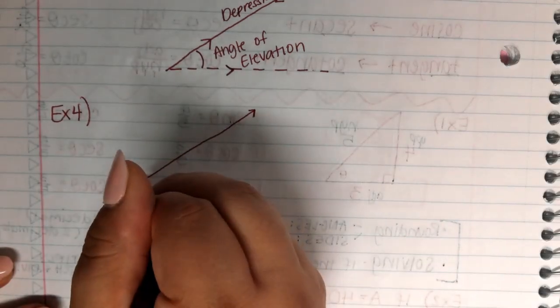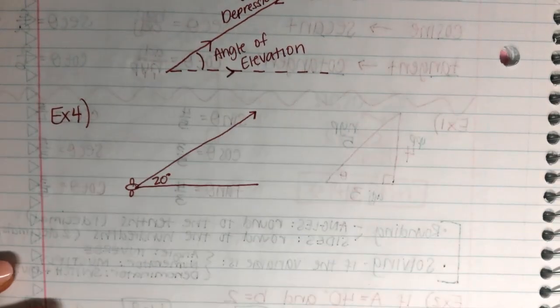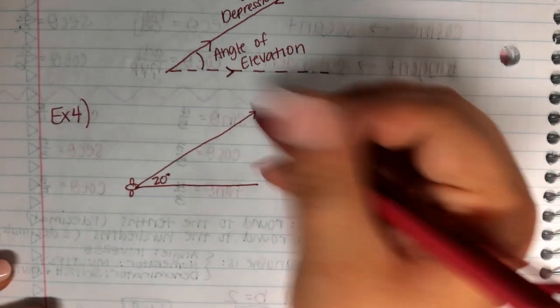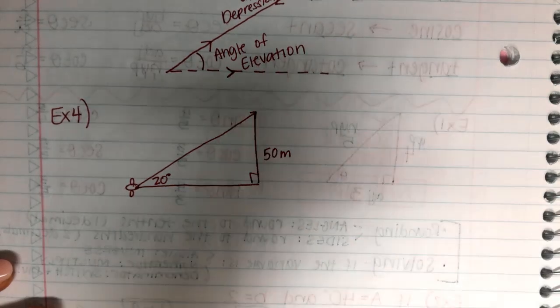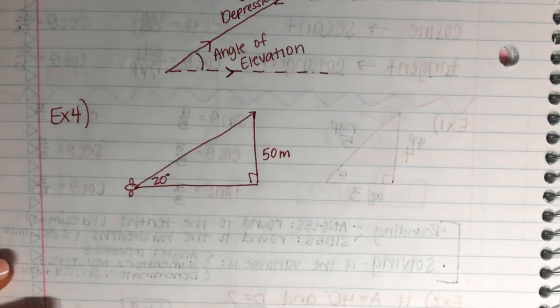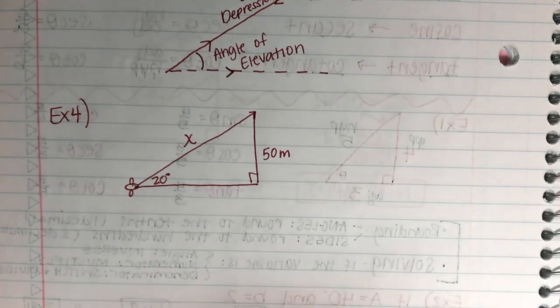It has to be with a horizontal line. How far has the plane traveled if it's 50 meters in the air? The plane is 50 meters in the air. Where am I going to put my X? Hypotenuse. Alright, I'm going to give y'all a minute to solve that. Put it in your calculators.